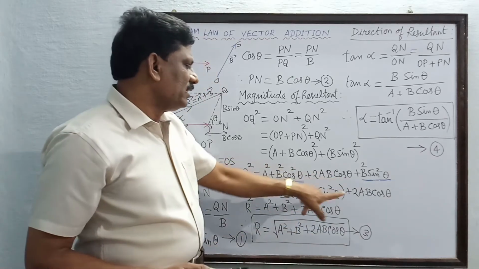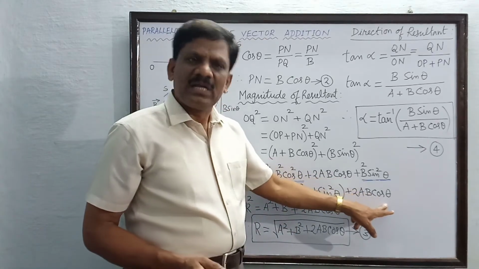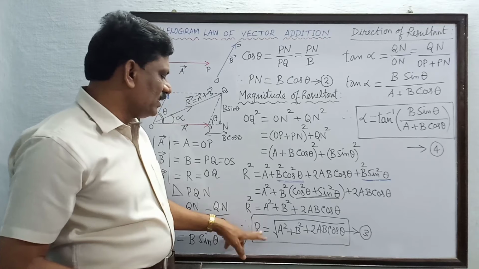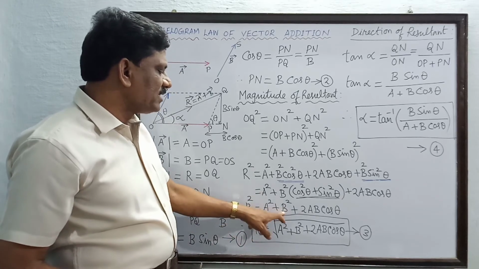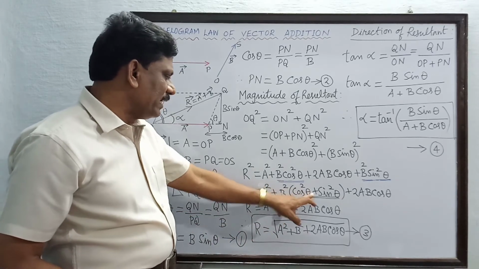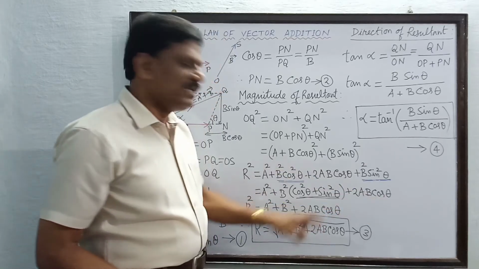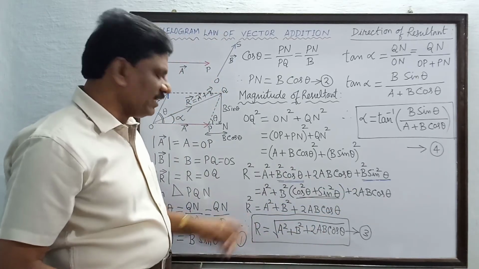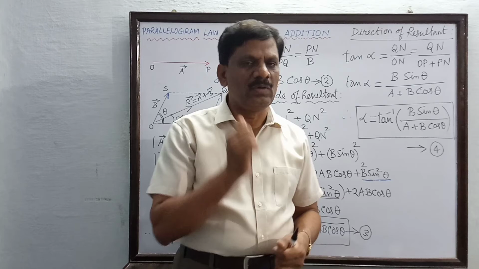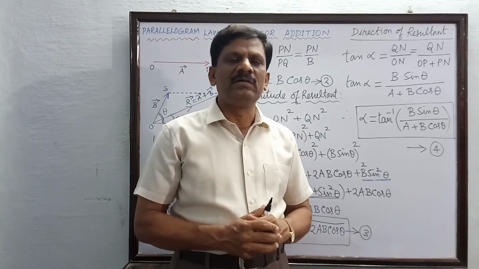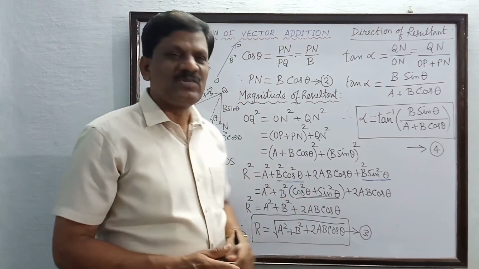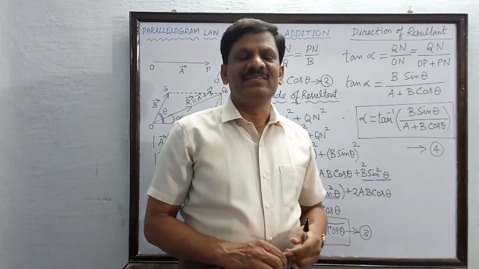And the third term is 2AB cos theta. So R square is equal to A square plus B square into 1 plus 2AB cos theta. Therefore, the magnitude of the resultant is given by R equal to square root of A square plus B square plus 2AB cos theta.